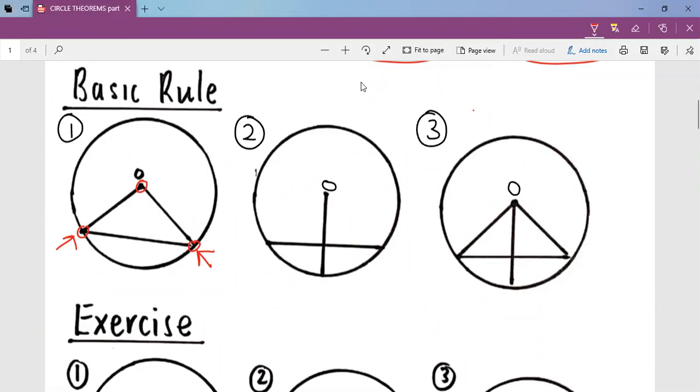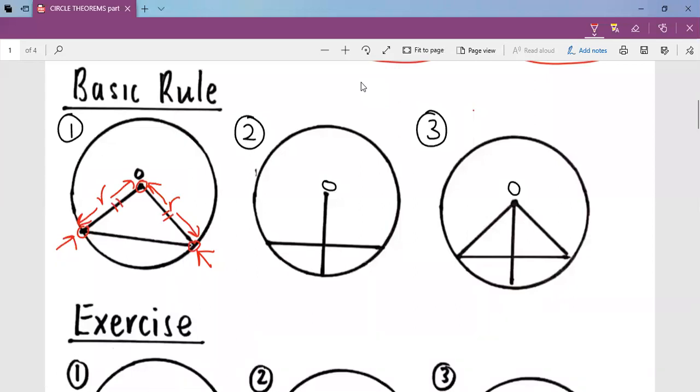Number 1, this line is always known as a radius, radius R. And this line also is known as a radius R. So whenever you have a radius and another radius, those lines will always be the same, because the radius is always the same, it can never change size. So this basically tells us that this line and that line will always be equal.